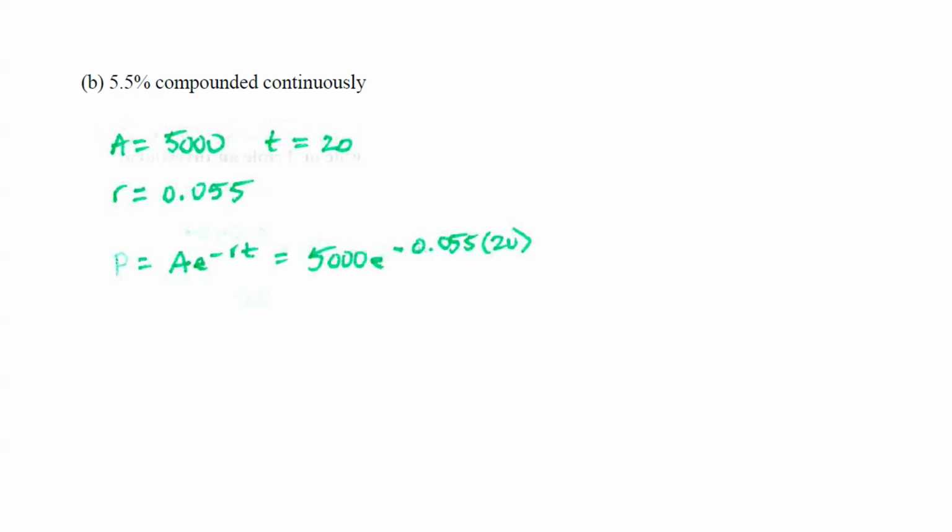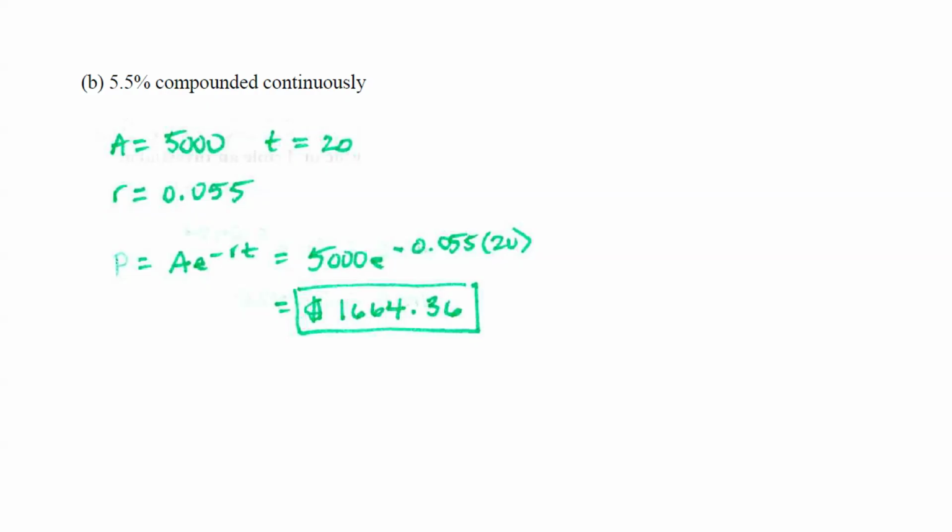Now let's do 5.5% compounded continuously. So we know our A is 5,000. We know our T is 20. Our R here is 5.5%, and it's compounding continuously, so we don't have an N. So our formula is A times e to the power negative RT. So we'll substitute in our A, substitute in our R and our T, and we'll get a total of $1,664.36.